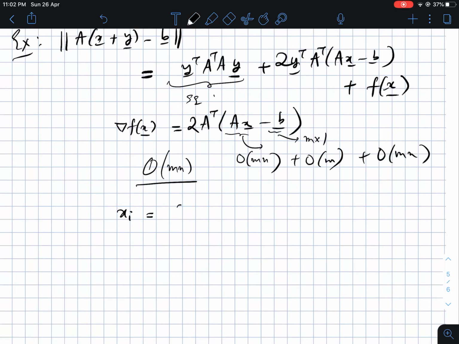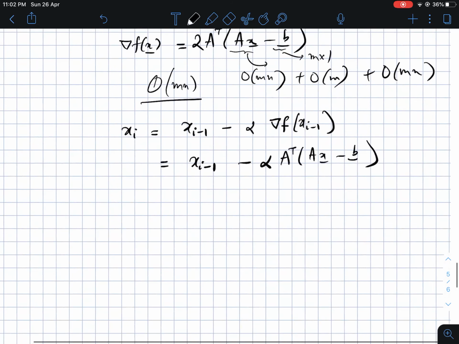I'll rewrite it here. x_i equals x_{i-1} minus alpha times grad f of x_{i-1}. Now we have a specific expression for grad f, so I'm writing this just to get an idea of how fast the convergence goes. Minus alpha times the gradient, which is A transpose (A x_{i-1} minus b).